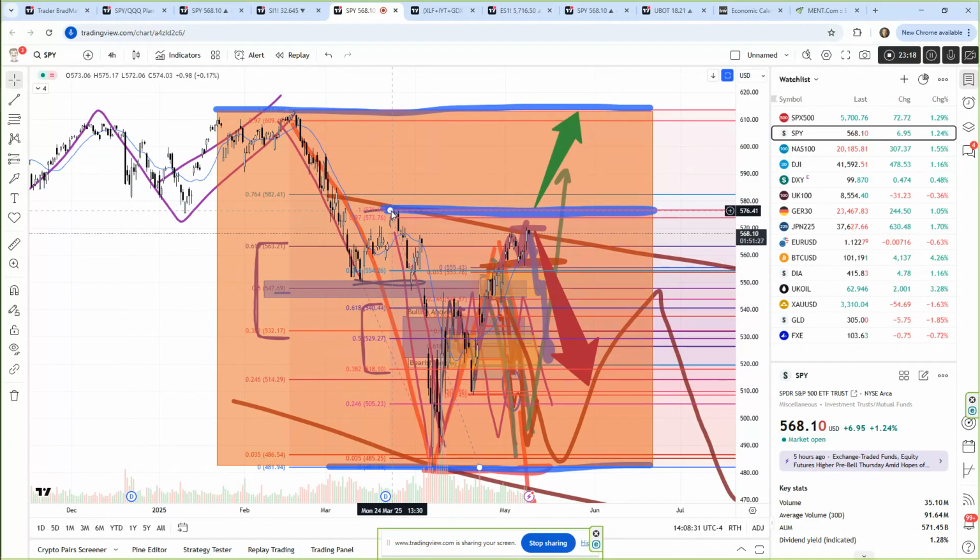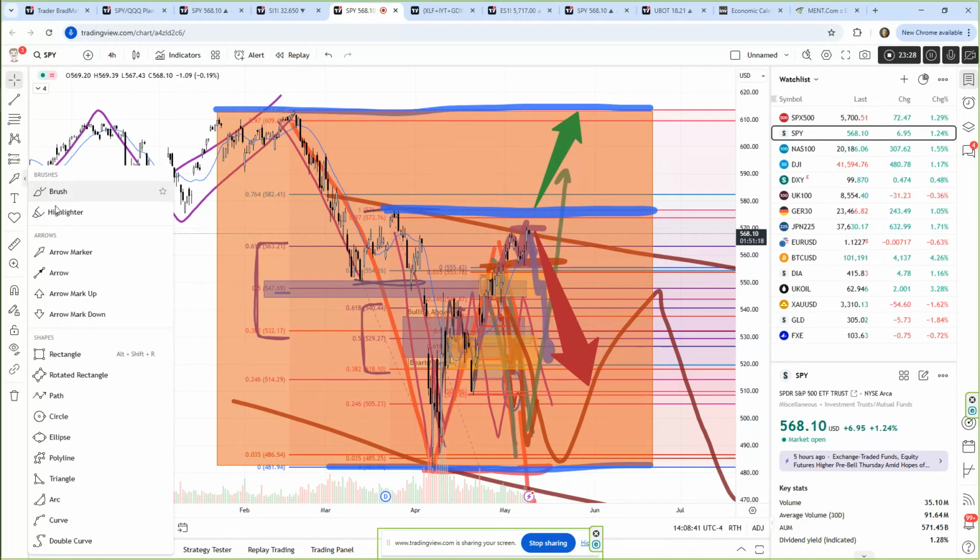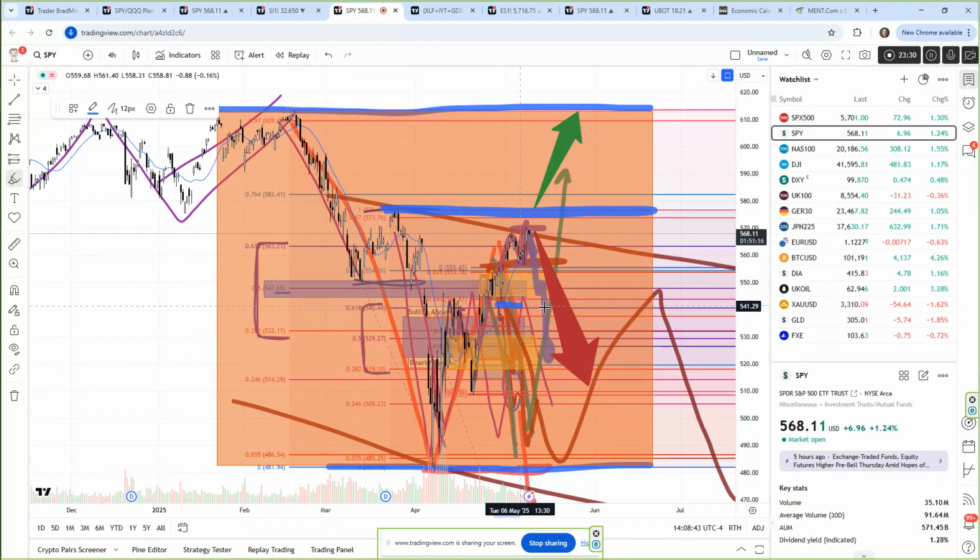So failure to get above this new ultimate high level means that it has to then try to take out new lows, and those new low levels are essentially here with the gap, and down here with this low down here. So if it fails to get above this 575, 576 rally phase, this new ultimate high right up here, the blue line, then we are likely going to try to come down.